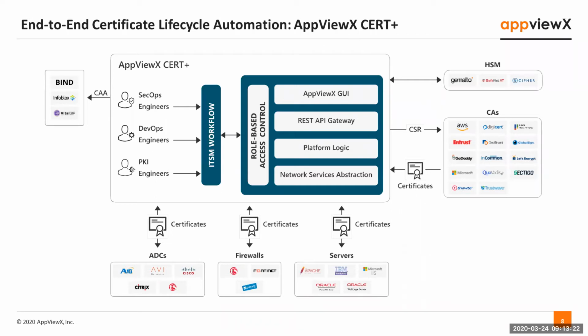the certificates reside. So on the bottom, you have individual certificate endpoints or application service endpoints like ADCs, firewalls, and servers. You have the ability to communicate with the CA on the right-hand side and issue that CSR, retrieve the certificate, and then bind down to the application endpoint.